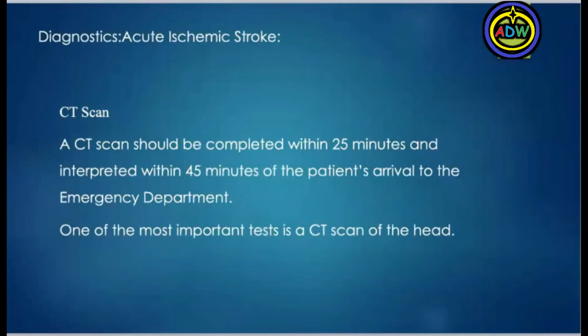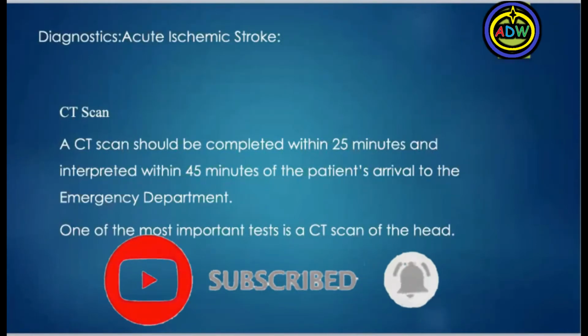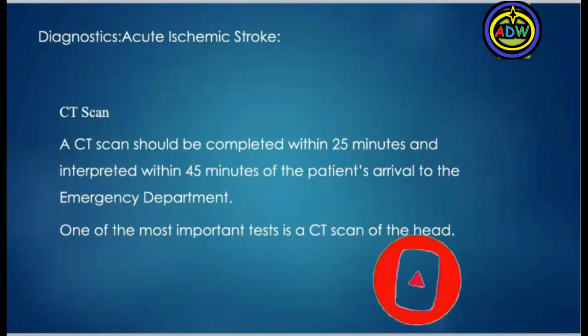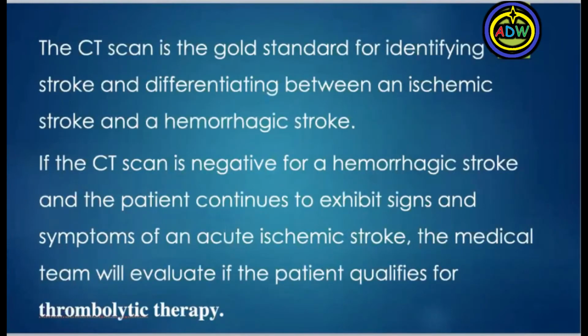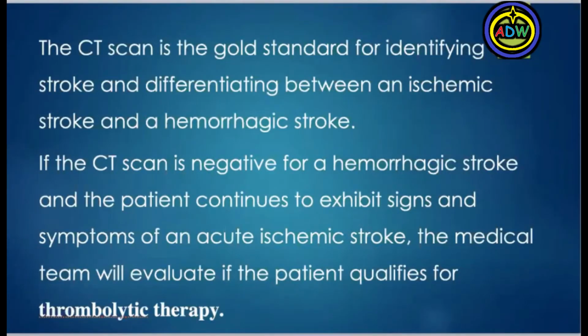So CT scan should be completed within 25 minutes and interpreted within 45 minutes. The most important test is CT scan. It helps us to differentiate ischemic stroke from hemorrhagic stroke. It is the gold standard for identifying a stroke.